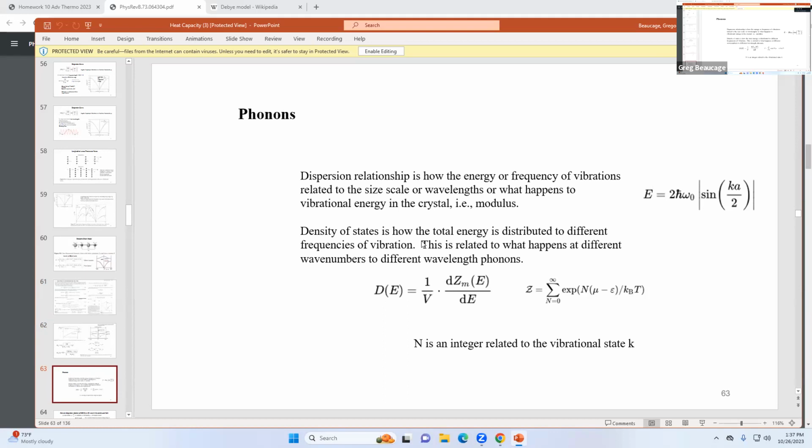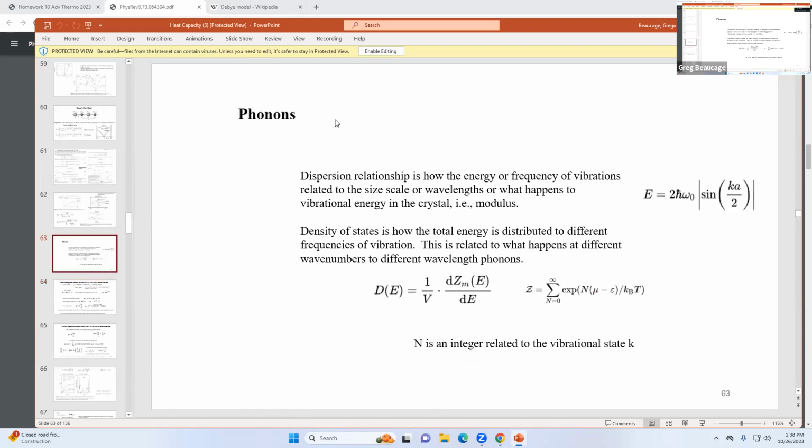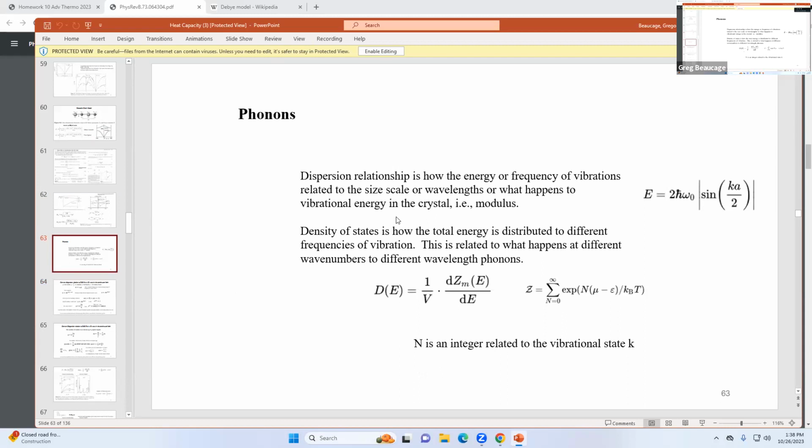What else? Oh, this is also in that Libra text, but basically the idea is you get this dispersion relationship, frequency versus wave vector. And then you need to get the density of states from that to do these integrals. You need the density of states to do the integral to get the energy.